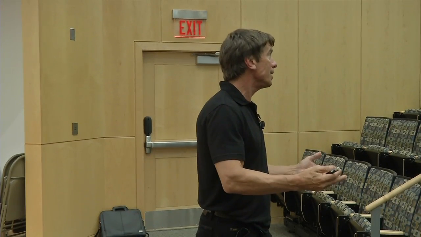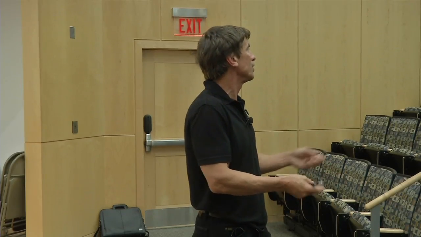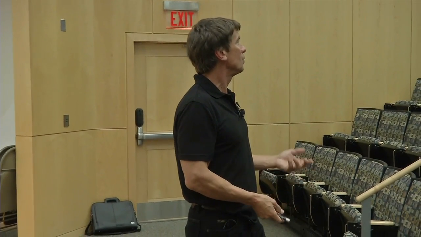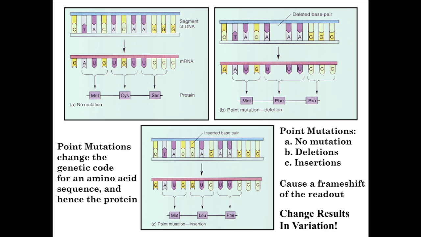That's either okay or it's not. Most of the time, it's not. And that's the basis for a lot of genetic disease. Or sometimes it's just benign and it doesn't matter. Sometimes, given a redundant code, it could actually be the same. We would call those silent mutations. So that's what you have. We call that a point mutation. And those can either be because of a deletion, or you can have an insertion, which would also cause a frame shift.